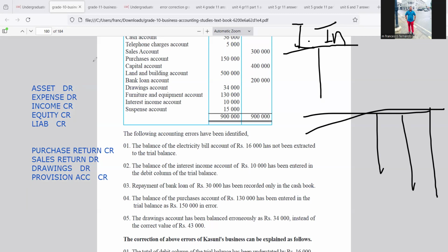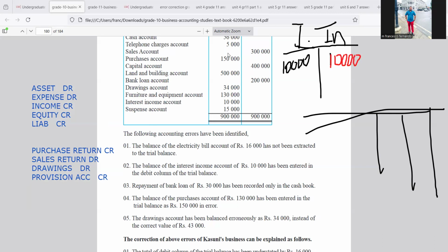Or if you think in this way, if you receive interest income, cash book is debited and interest income should be credited. But here they have debited the interest income. Is this correct? No, it is wrong.